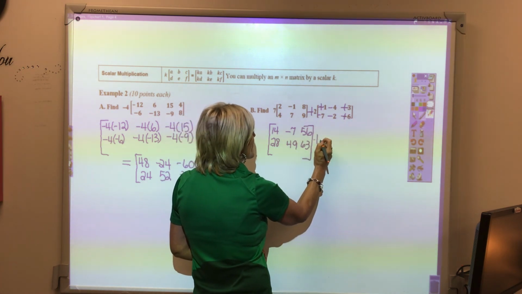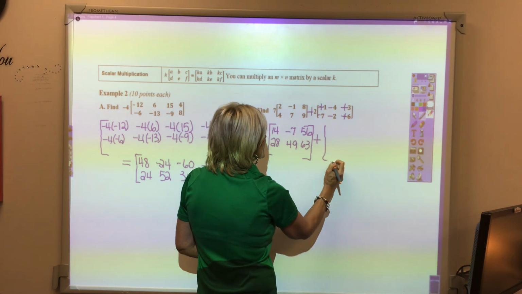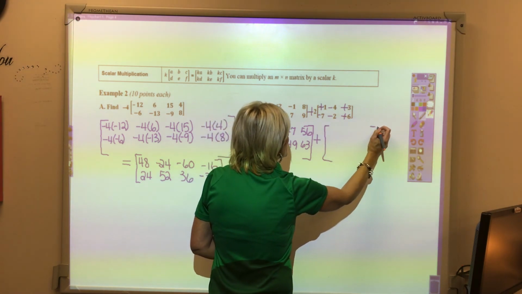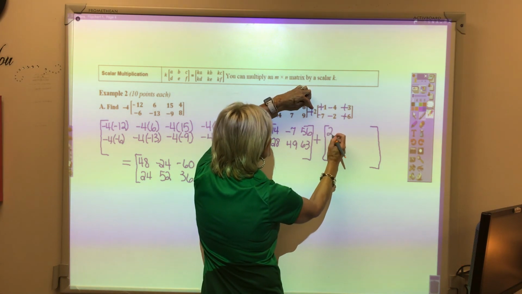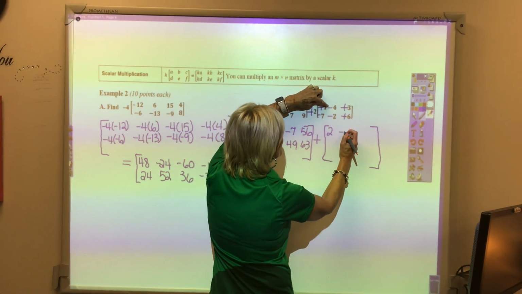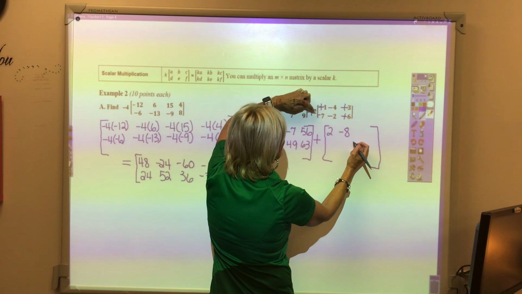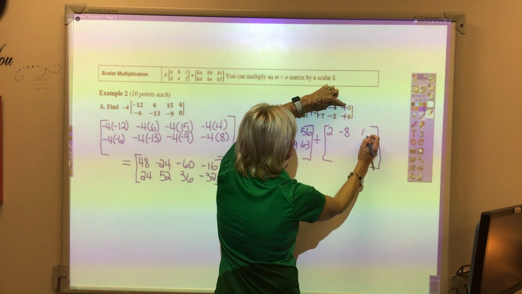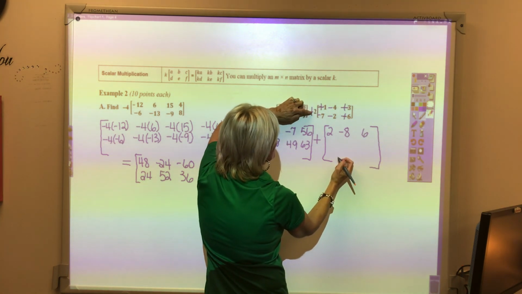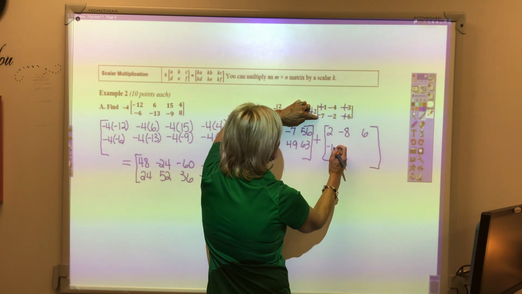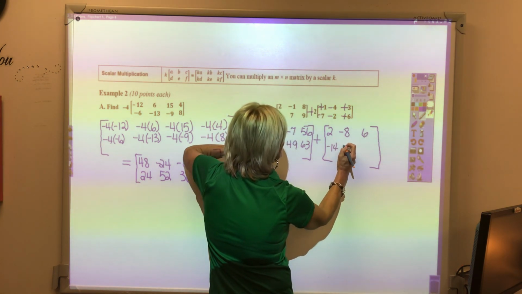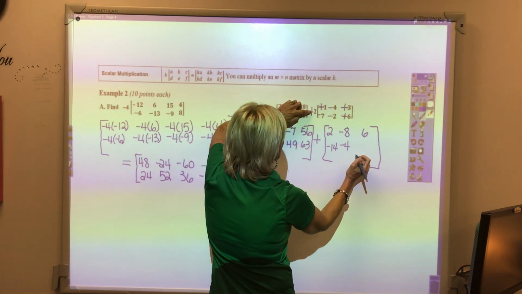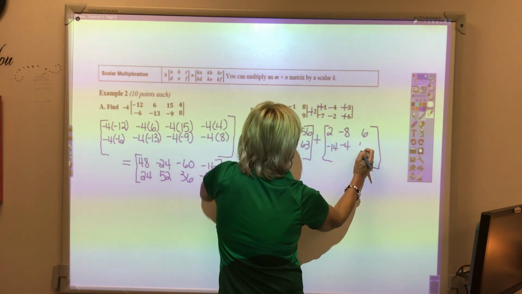Then I'm going to have plus 2 times 1 is 2. 2 times -4, -8. 2 times 3 would be 6. 2 times -7 is -14. 2 times -2 would be -4. And 2 times 6 is 12.